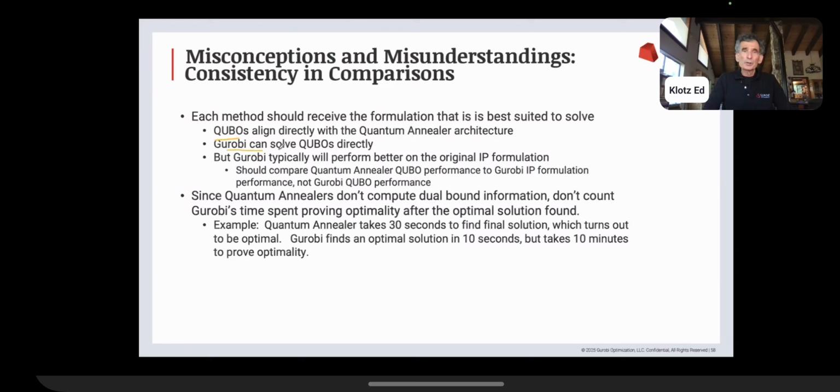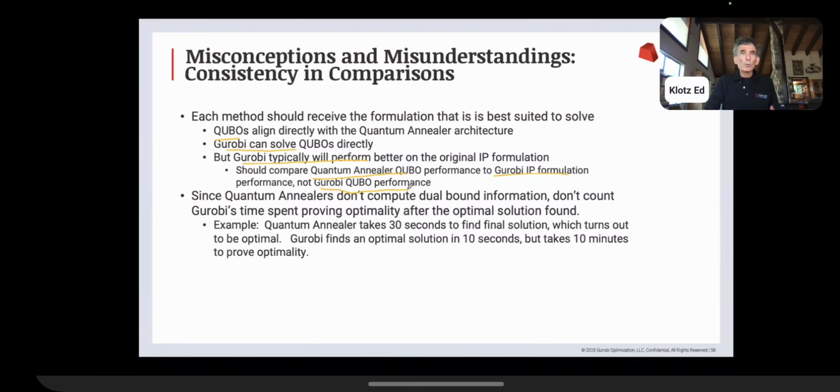Gurobi can solve QUBOs directly as well, but Gurobi will typically perform better on the original IP formulation before the QUBO transformation. So you want to compare the quantum annealer QUBO performance to Gurobi on the IP formulation, which is what it's best suited to solve, not the Gurobi QUBO performance. Although if you want to do that just for completeness, that's fine.